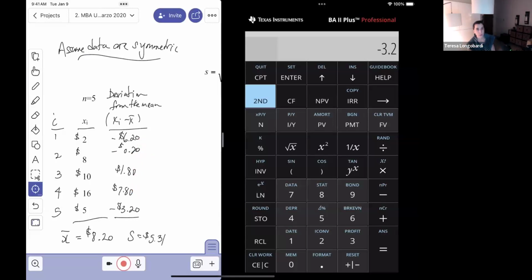So why don't I just average the deviations from the mean? Can you guys try that without me? Put them in your calculator using the data key. Now I have some stuff there already, so I need to clear that up. The way I clear that is I hit second work, so I can start over.